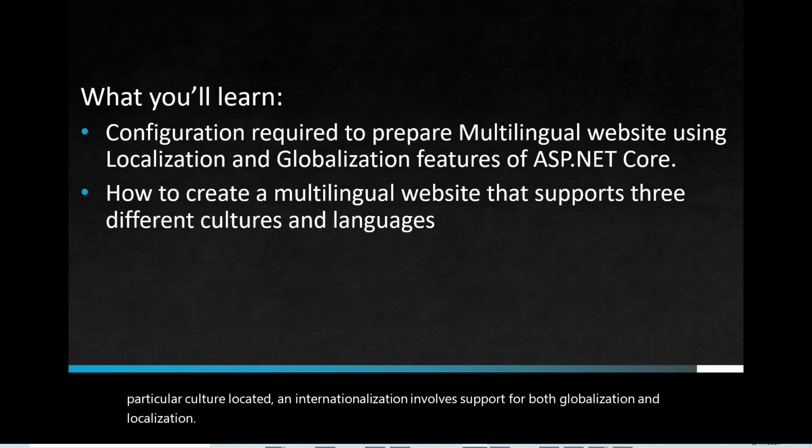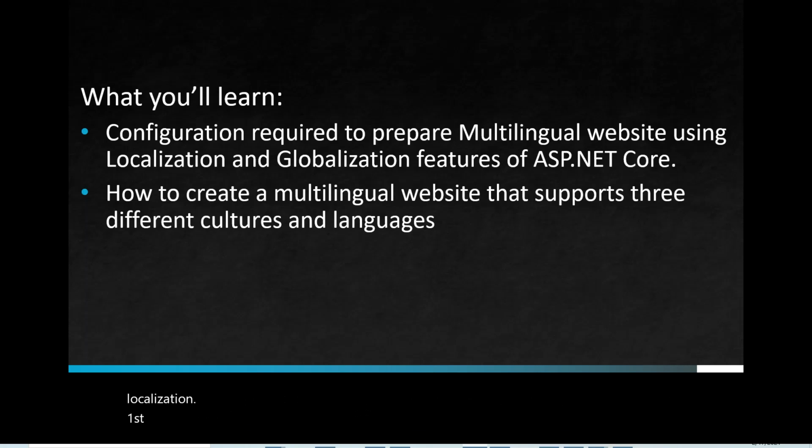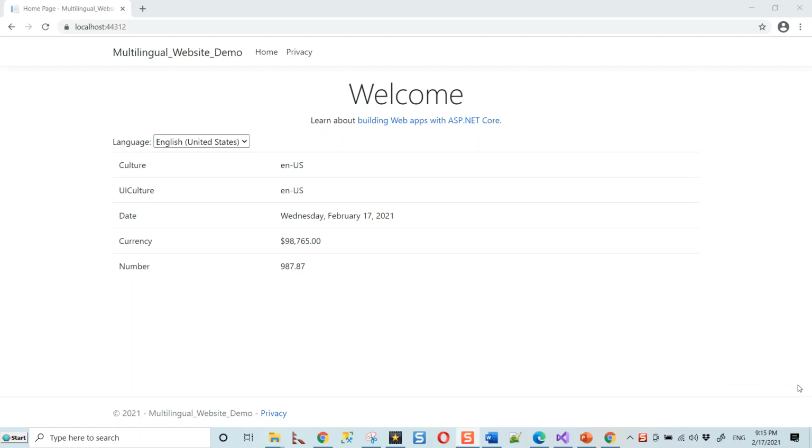Now, first of all, let's switch over to Visual Studio 2019 and do it hands-on. Here is the finished application, which is in running mode. After the end of this lecture, you'll be able to build this one.